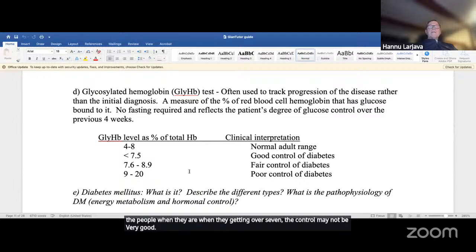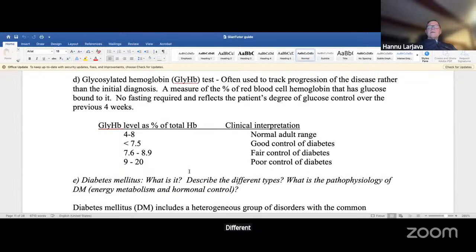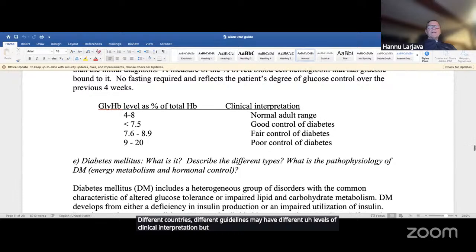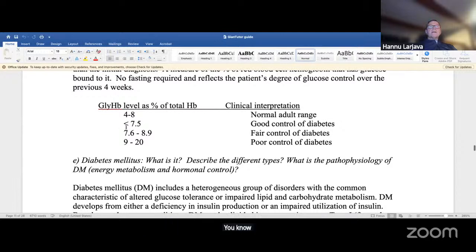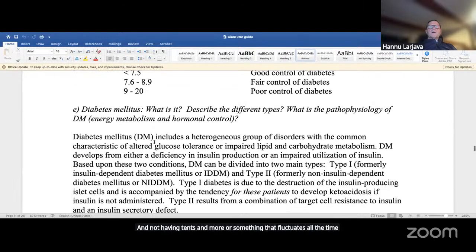So different countries, different guidelines may have different levels of clinical interpretation, but I think everybody agrees that it would be nice to have 6 to 7 or in that range, and not having 10s and more, or something that fluctuates all the time.